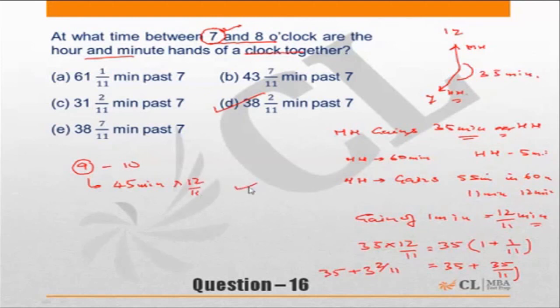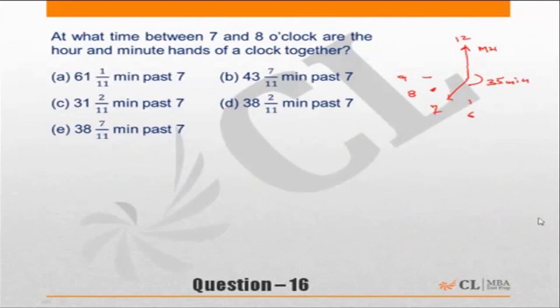Let's look at using the choices and working with the question out here. Let me erase some of the portions which I have written so that we have some working space. Again, as we had said earlier, the minute hand is behind the hour hand by 35 minutes.